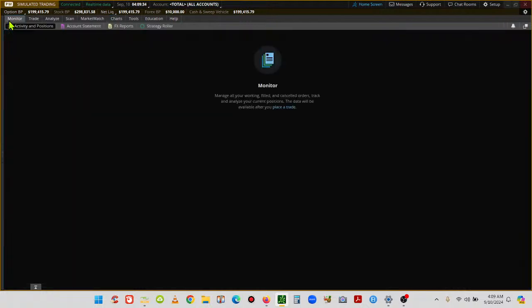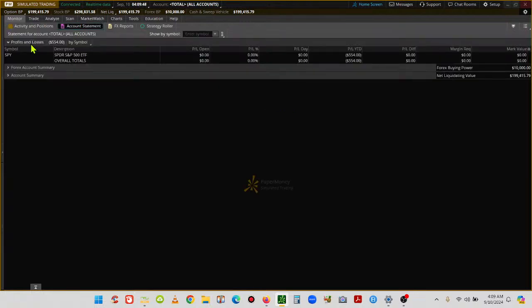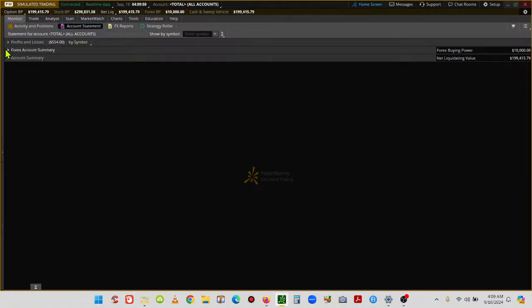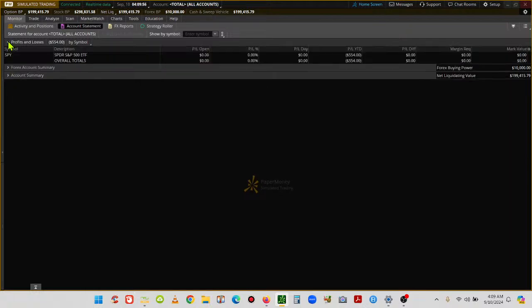So the only two tabs we're concerned about with Thinkorswim for this is right here. Monitor, activity and positions. You could look up your past trades, profit and losses and stuff like that. Okay, things like that. So your account summary, profits and losses, what you previously traded.